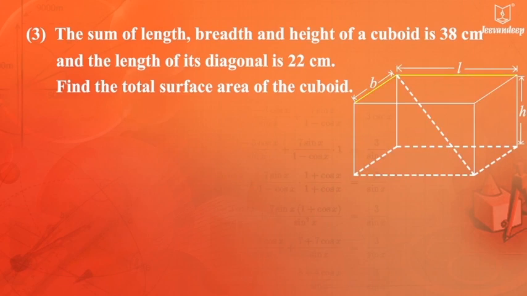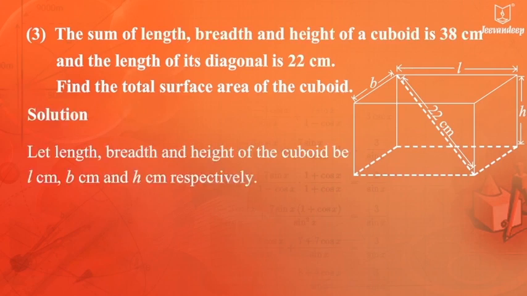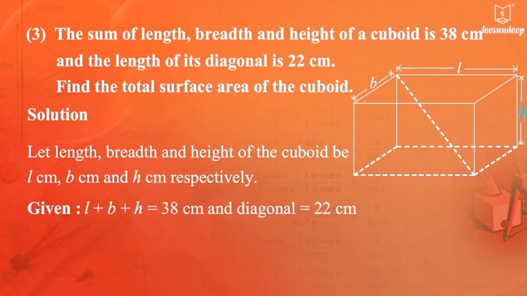3. The sum of length, breadth and height of a cuboid is 38 centimeters and the length of its diagonal is 22 centimeters. Find the total surface area of the cuboid. Solution. Let length, breadth and height of the cuboid be L centimeters, B centimeters and H centimeters respectively.